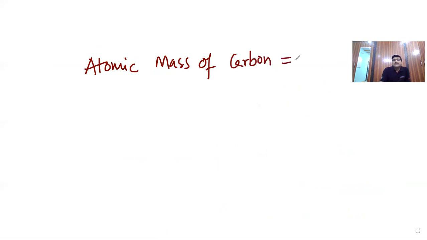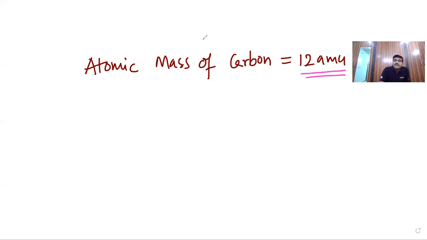Clear? So here I write atomic mass of carbon. 1 carbon atom mass is 12 atomic mass units. Is it clear? 12 atomic mass units, the mass of 1 carbon atom.